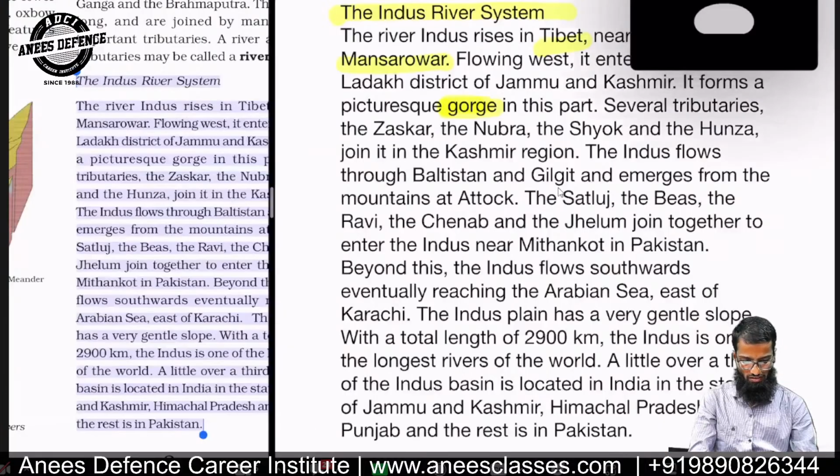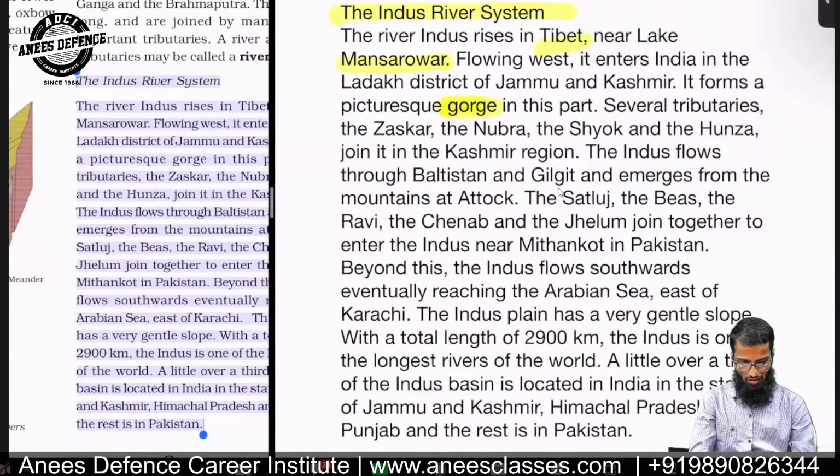Several tributaries, the Zanskar, Nubra, Shyok, and Hunza, join it. So remember the names Zanskar, Nubra, Shyok, and Hunza. These are the tributaries. Even if you don't remember all the names, at least remember this name, Nubra.